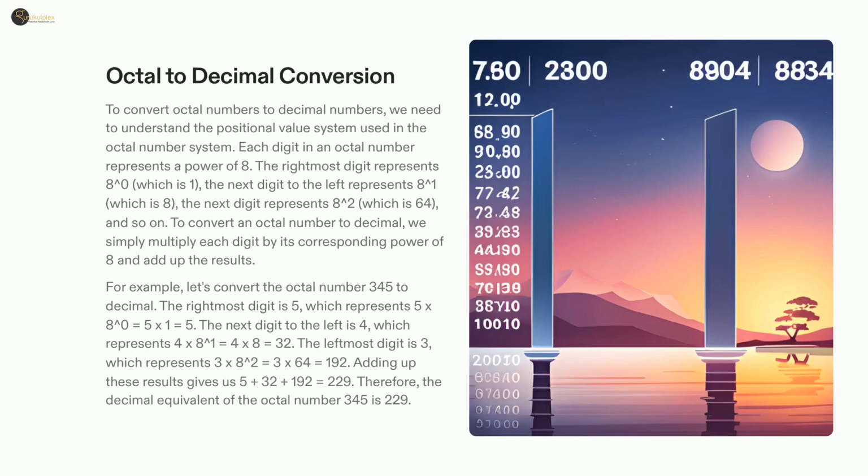To convert an octal number to decimal, each digit needs to be multiplied by its corresponding power of 8, with the results added up. As an example, for octal number 345, 5 times 1 equals 5, 4 times 8 equals 32, and 3 times 64 equals 192, giving us a total of 229 in decimal.